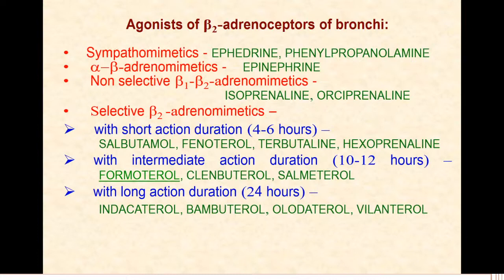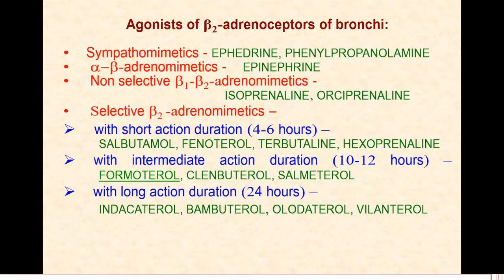We understand that they don't stimulate alpha, they don't stimulate beta-1, that's why they cause neither arterial hypertension nor tachycardia, but only dilate bronchi, because of relaxation of smooth muscle cells. First appeared the drugs salbutamol, fenoterol, terbutaline, hexoprenaline.